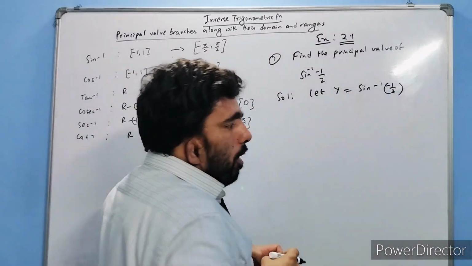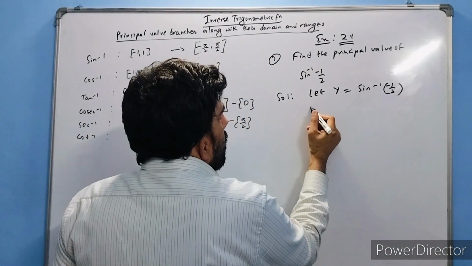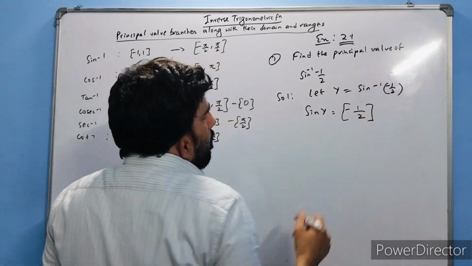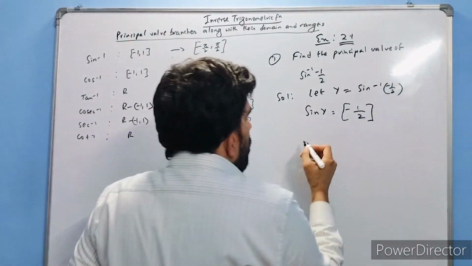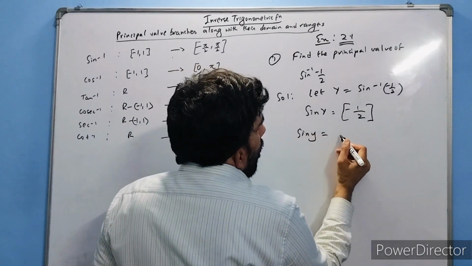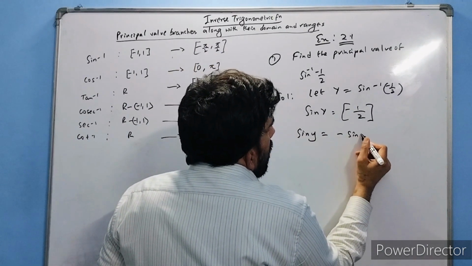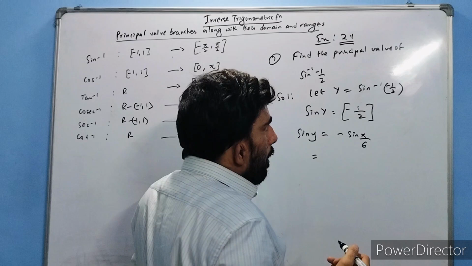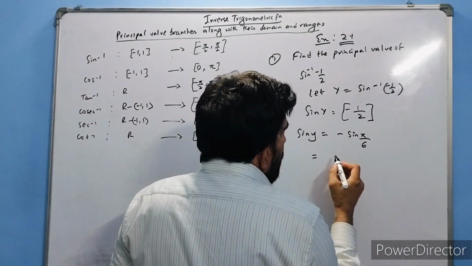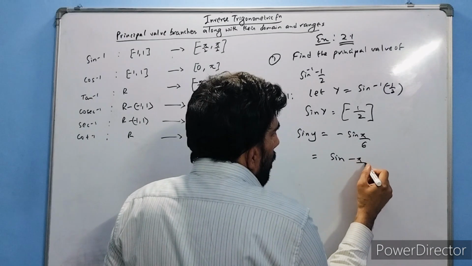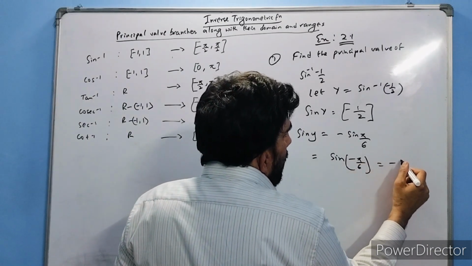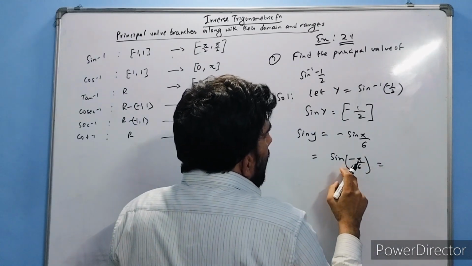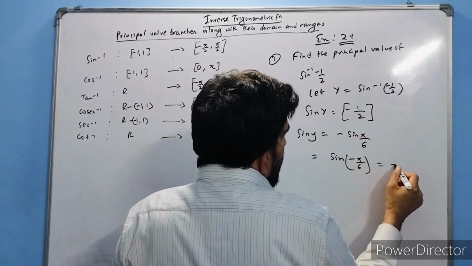Then in a very simple way, sine y is equal to minus half, or I can write sine y is equal to minus sine pi by 6, which is sine of minus pi by 6, since sine of minus pi by 6 is minus half.